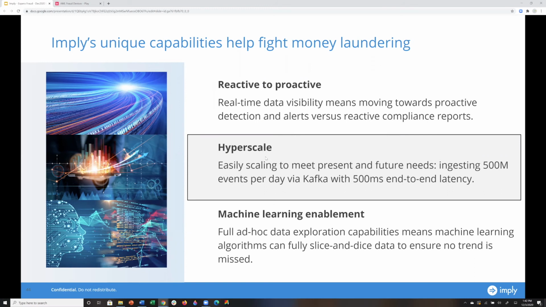And so now you get the benefit of an improvement of up to 10% accuracy in detecting anomalous transactions.